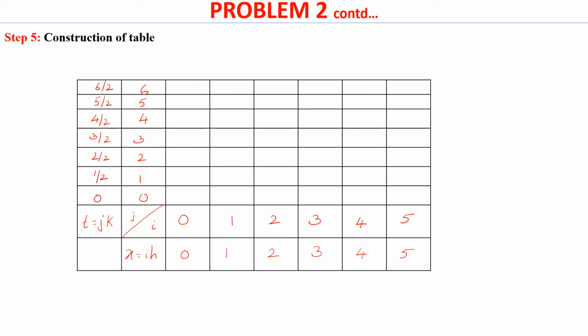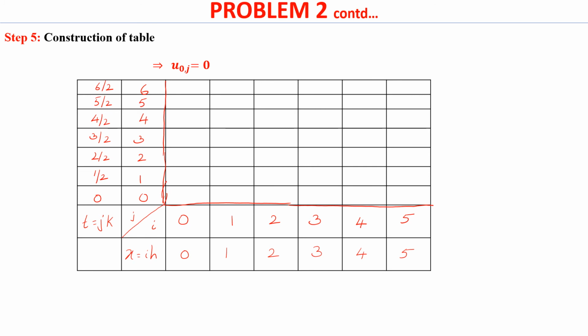So I'll darken these lines because, as I said in the previous problem, the values that you're going to write in the center boxes are only the main answers. These row and column, we have just copied from step 3. Now coming to the first column, as I said, we are going to fix the boundary condition. The first column is filled up with boundary condition 1.